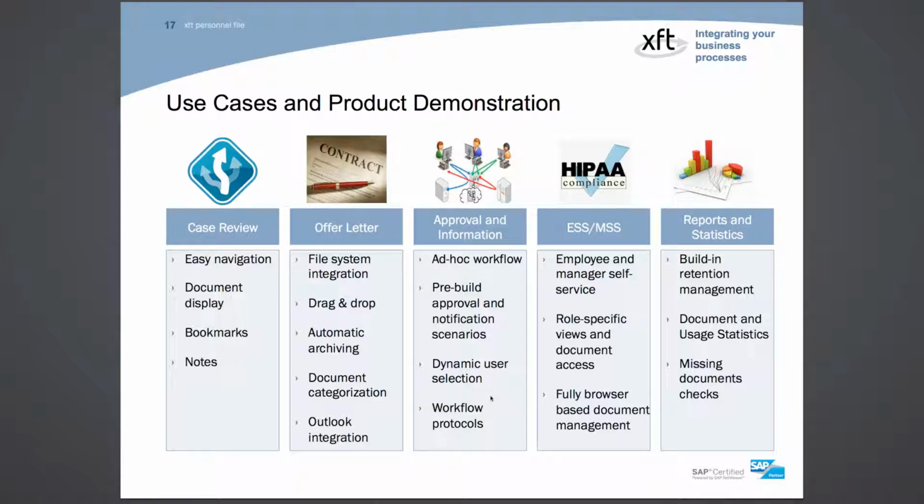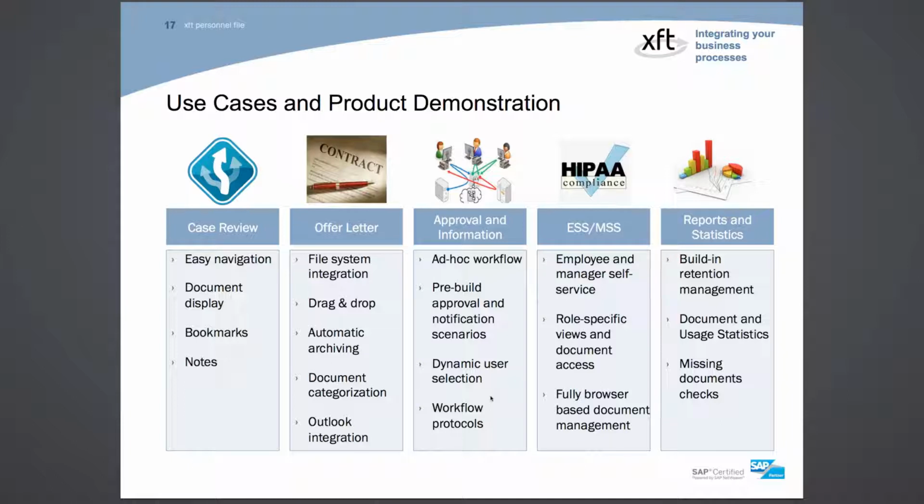In the second demonstration, we look at a specific use case, and that is the process of extending an offer to an applicant. We look at the functionality of how to get documents in, writing a document in Word, identifying that document in our computer file system, and with simple drag and drop, bringing it into the personnel file. It's there. Once there, it's automatically archived in a secure location in the background.